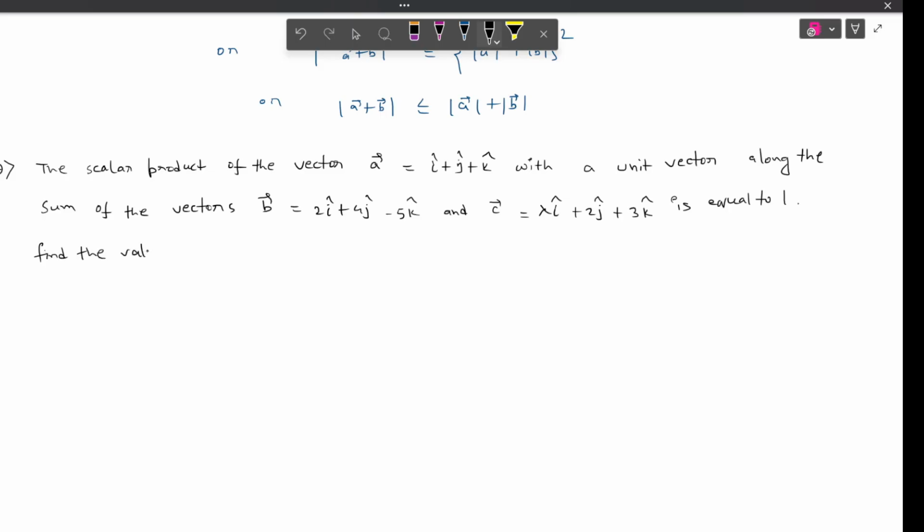Find the values of lambda, and hence find the unit vector along b plus c. So let's see the solution.